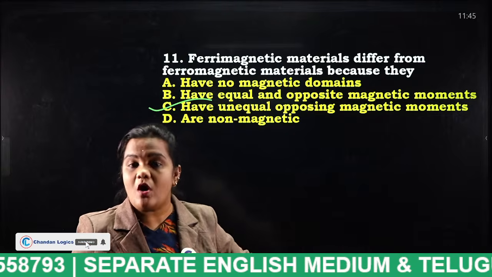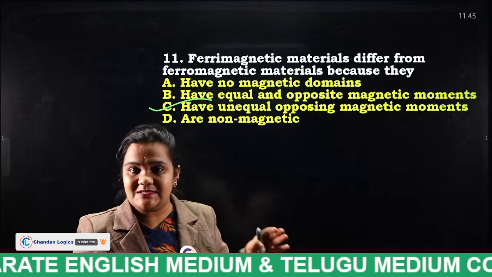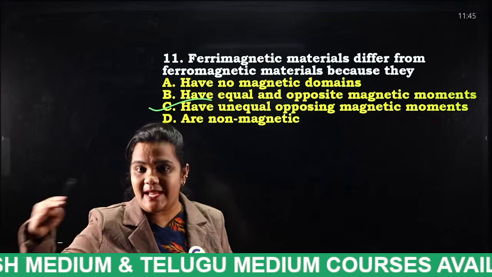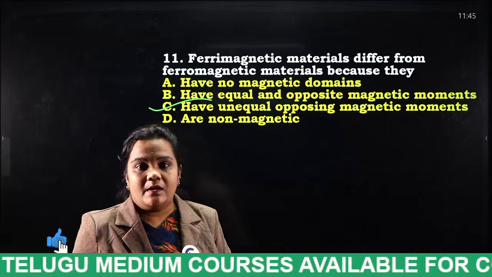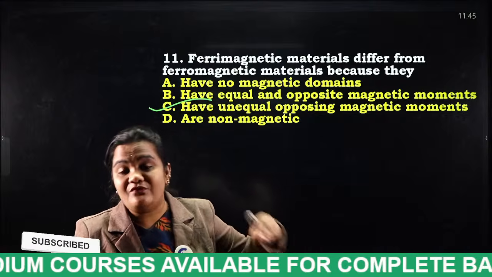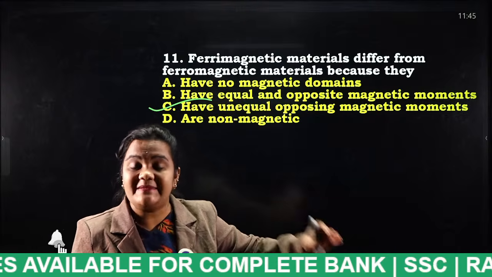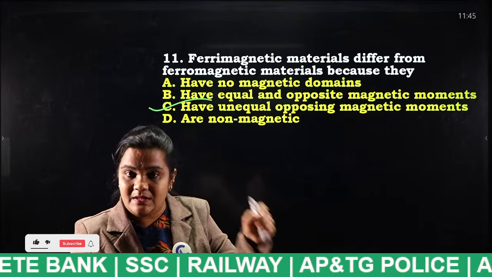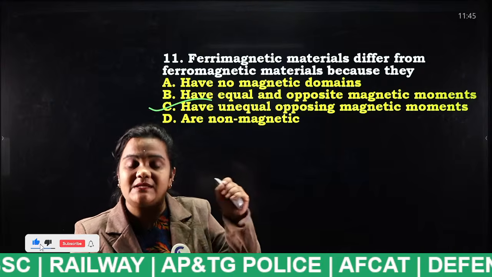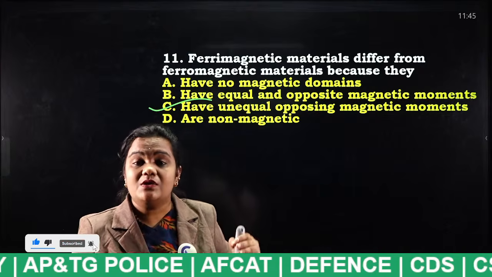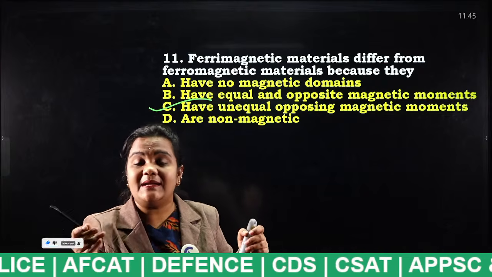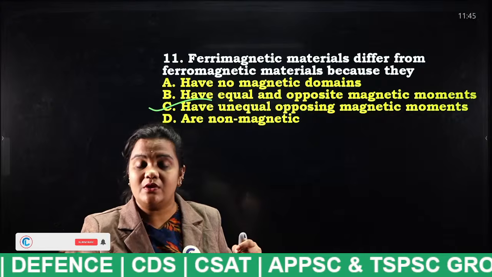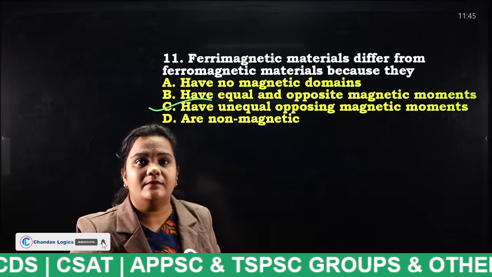When compared to all the magnetism, ferromagnetism has the strongest magnetic field. Ferromagnetism and ferrimagnetism are the same, but some of the magnetic moments in ferrimagnetism are sometimes unequal.